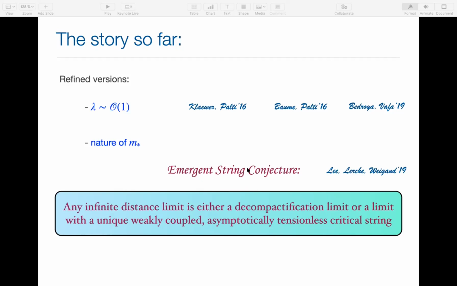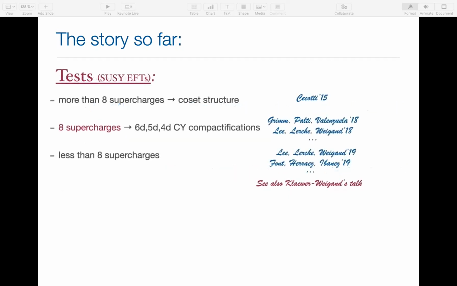Good. Now, as I said, typically progress has been made by looking at specific classes of compactifications and checking whether the conjecture is true or not. So far, it has passed all the tests. And you have seen how the machinery goes and how intricate the geometry can be in the first talk of this conference.